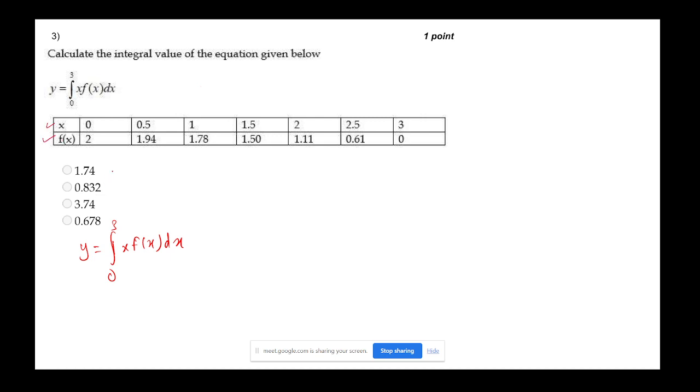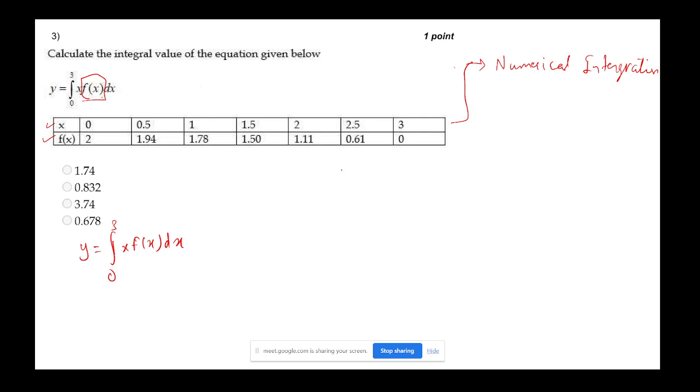Because you do not know what f(x) is, you need to use either Simpson's method or the trapezoidal method. So we can use numerical integration to solve this. Let's start with the trapezoidal rule because it is very simple.